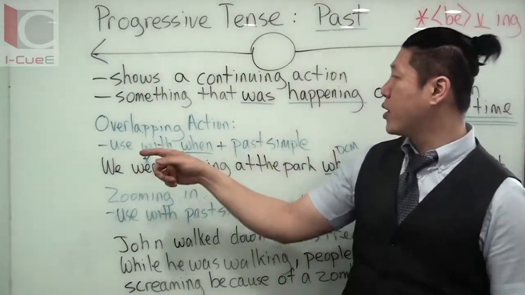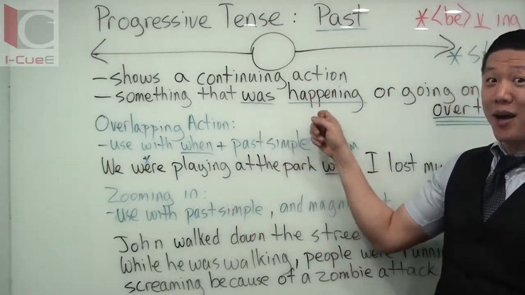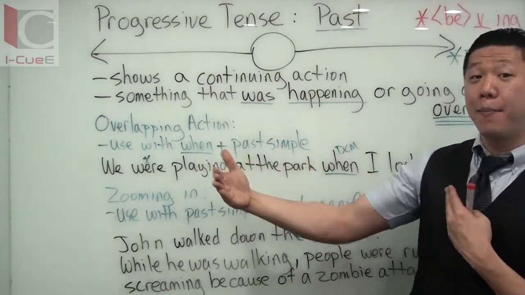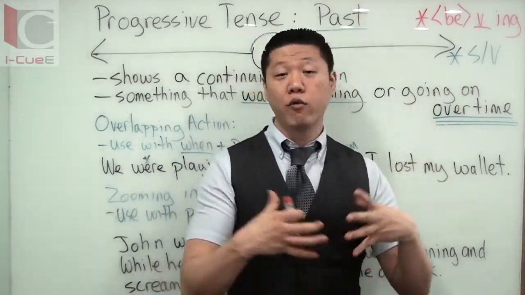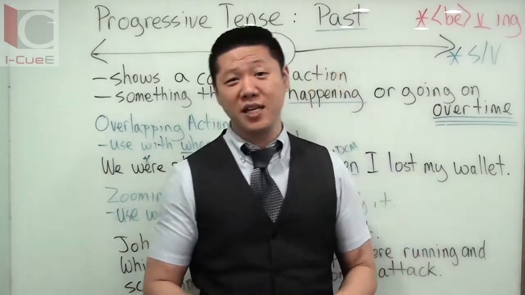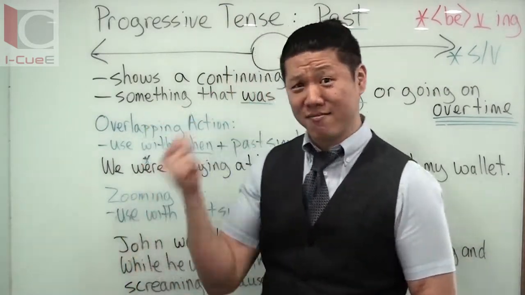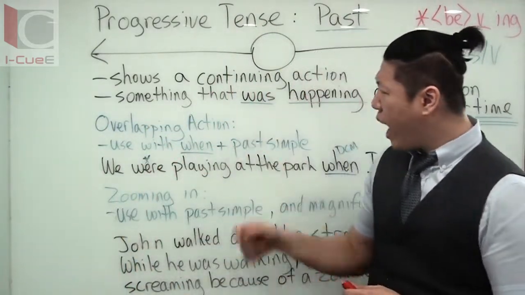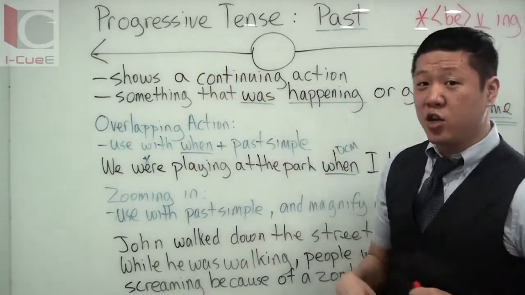The past progressive tense is something that was happening, be verb ing, something that was going on over a period of time, not an instant. Very few things happen in an instant. I'm having a hard time thinking of things that actually happen in an instant. But how do we use this? Basically, this is the main idea you need to know.